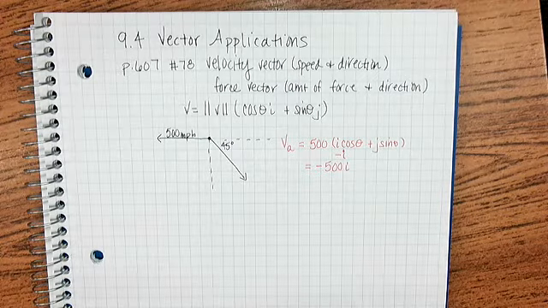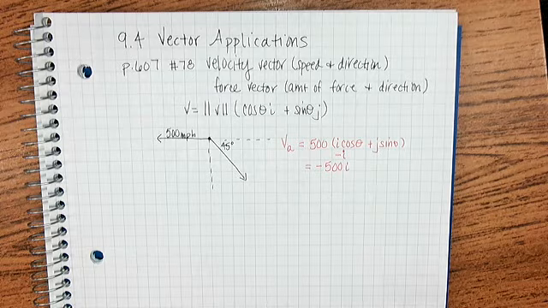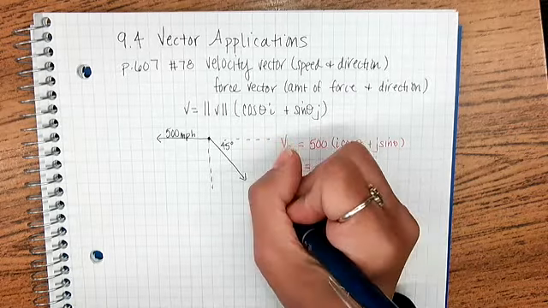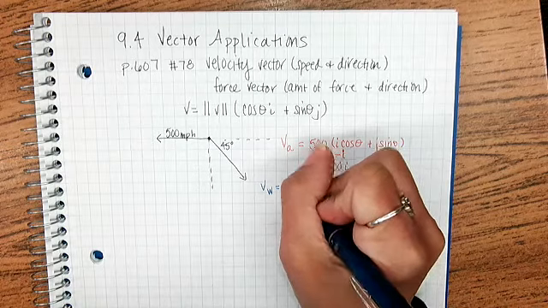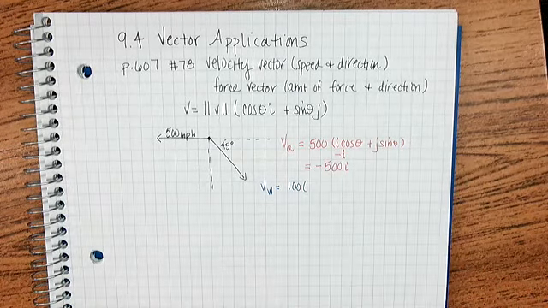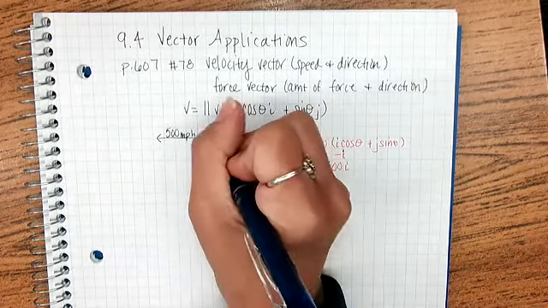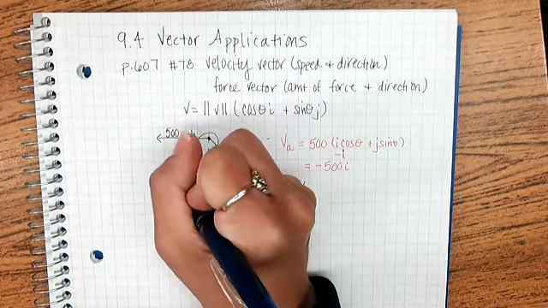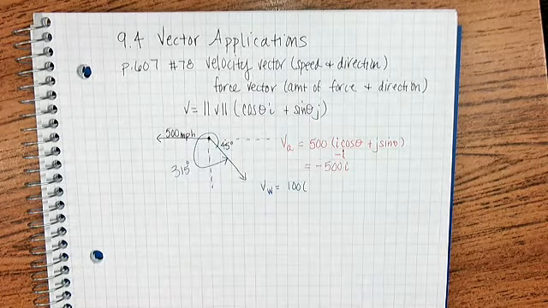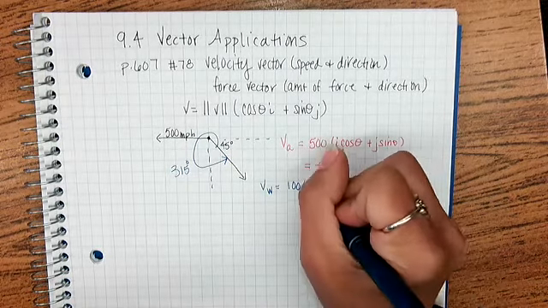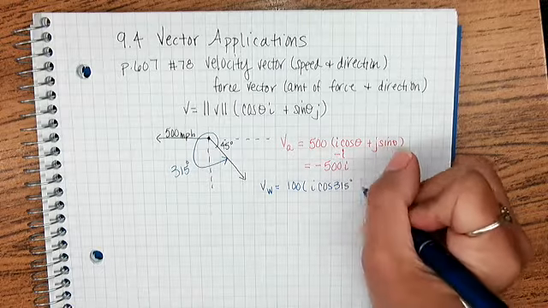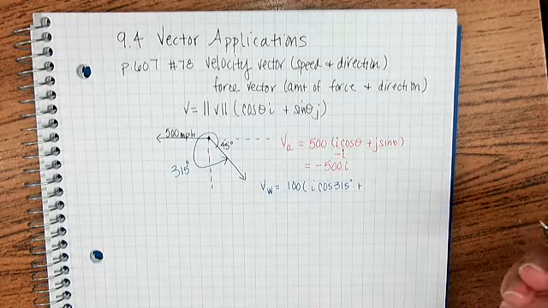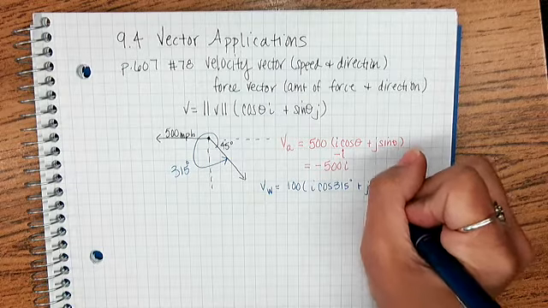Okay, let's look at the next part, which is the velocity of the jet stream. So they have this labeled V sub W. So that's going to be 100. All right, so all around here, 315. So this is going to be i times the cosine of 315 plus j times the sine of 315.